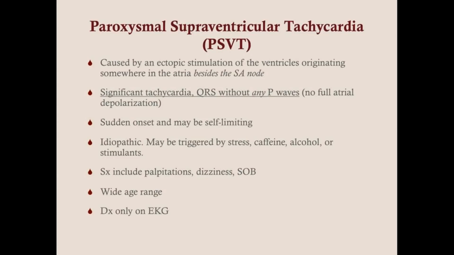And it's usually very close to the AV node. Actually, it's always very close to the AV node with paroxysmal supraventricular tachycardia. So you've got SA node input to the AV node, and you've got this ectopic input to the AV node. And the ectopic input overrides the SA node input. And so you get this tachycardia.